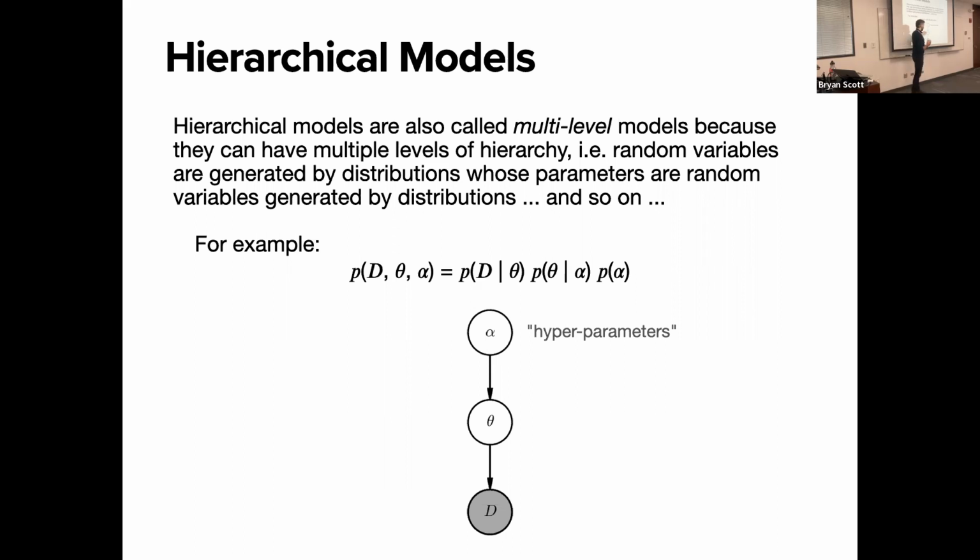So this is an example of having one new level of parameters. Again, reminding you, this edge here means that there's a stochastic relationship between these things, meaning that there's a probability distribution involved. This is not just a function, not saying theta equals alpha plus 2. This is saying that theta and alpha are parts of a distribution, like a Gaussian or a beta distribution or something like that.